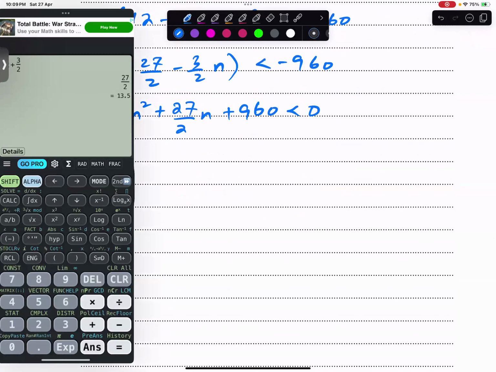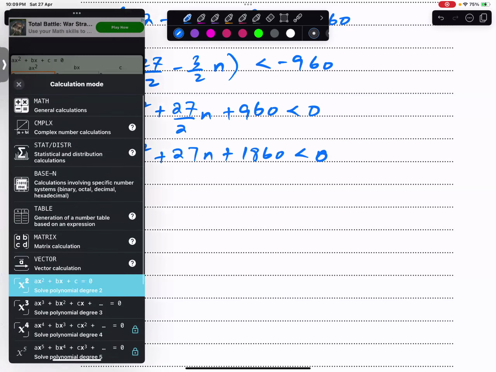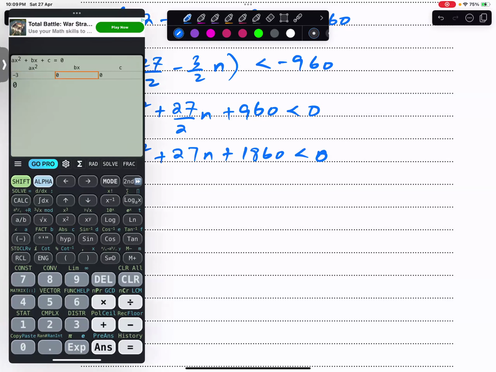So 27n plus 960 times 2 will be 1860, minus 3n squared. So one of the values is minus 20.8, let's say.